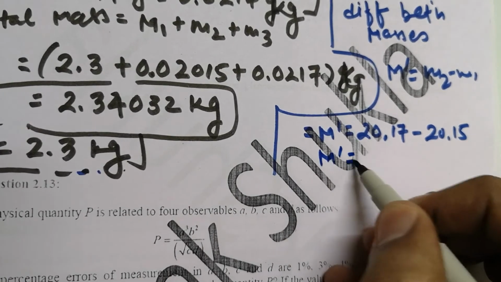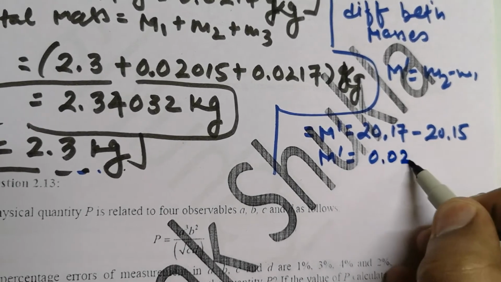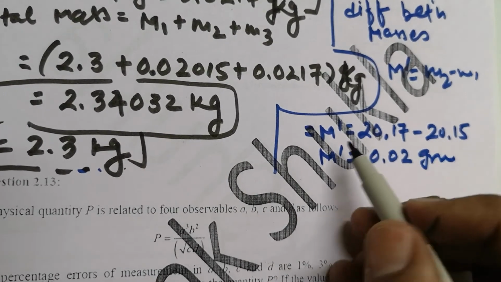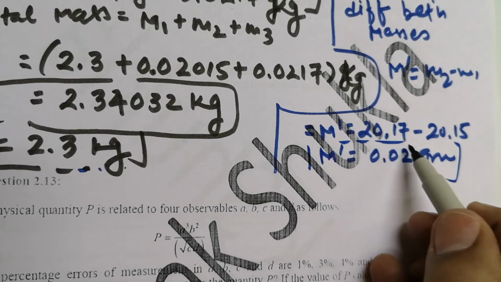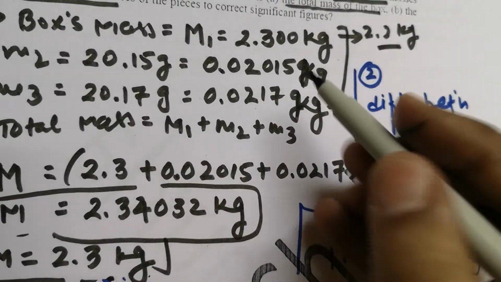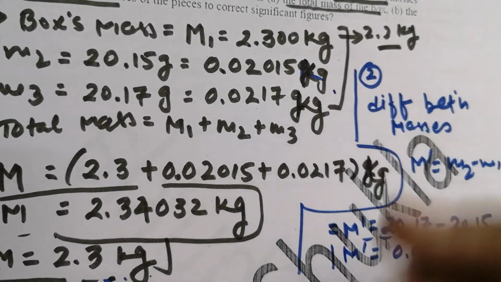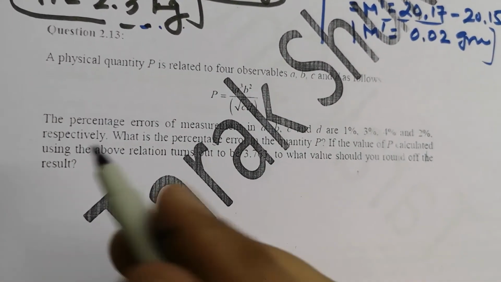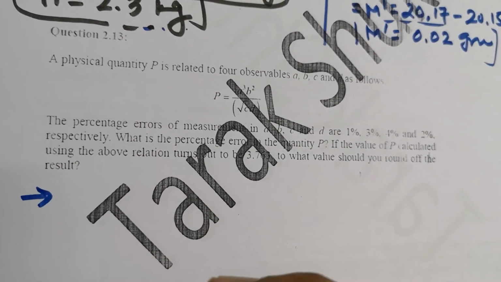So my m dash equals 0.02. All this data is in terms of gram. I haven't converted this one in terms of kilogram, as I mentioned the earlier ones were in kilograms. Now, this is the example we have done.